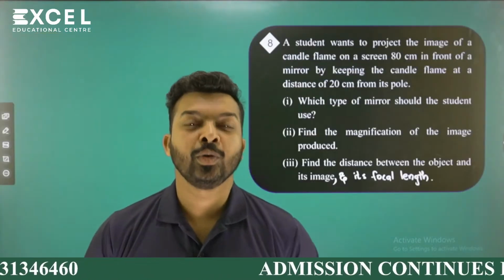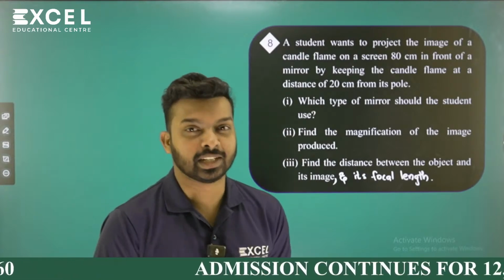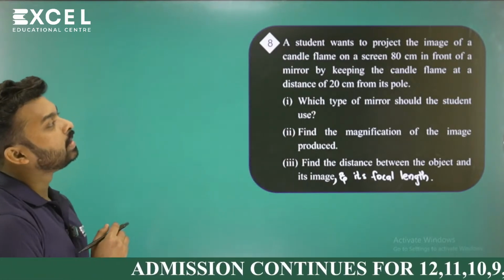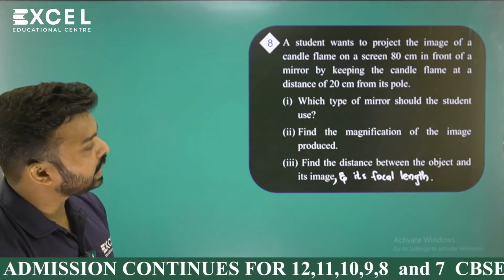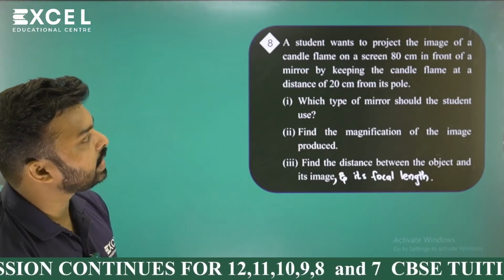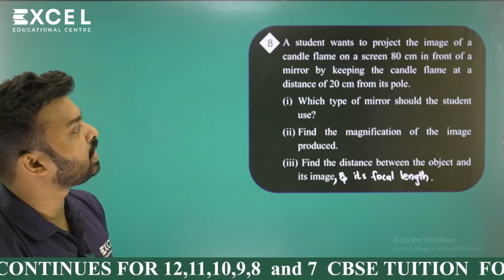Okay, now to the last question of today's discussion. There is a student who wants to project the image of a candle flame on a screen which is at 80 centimeter in front of a mirror.